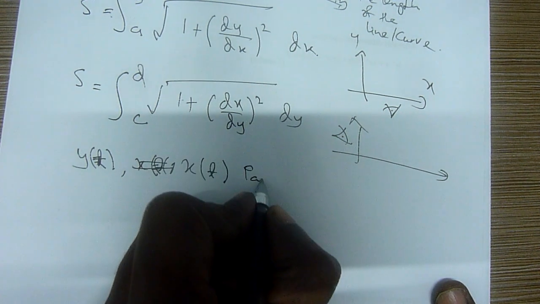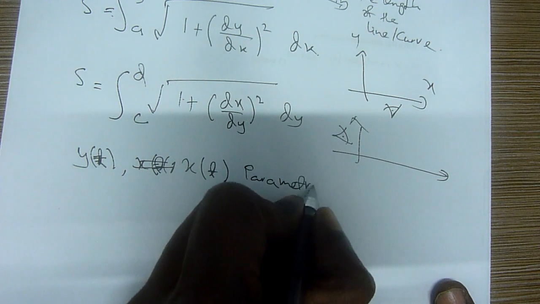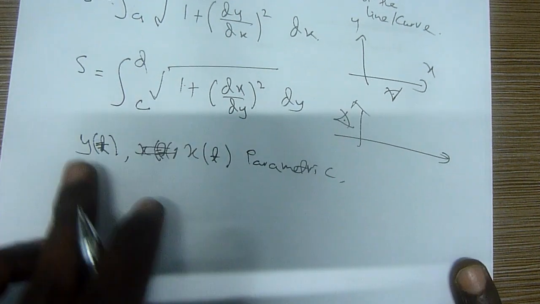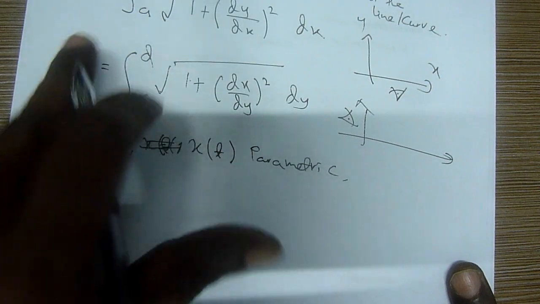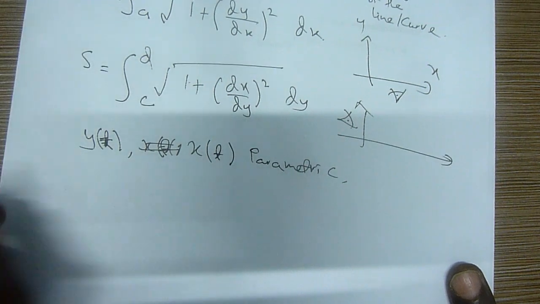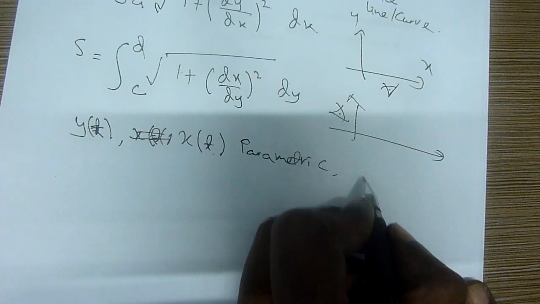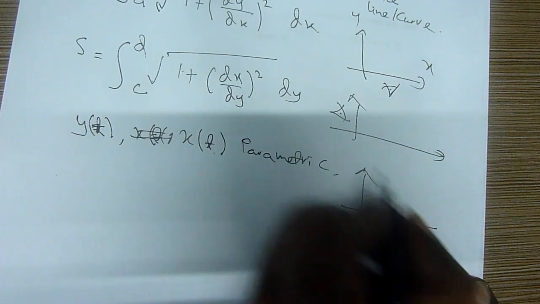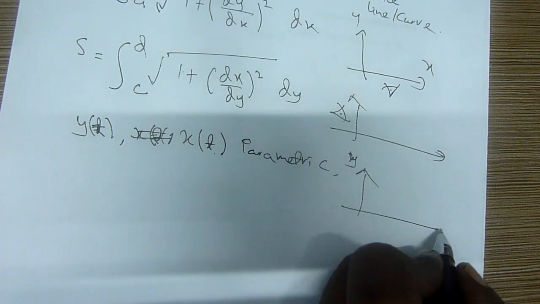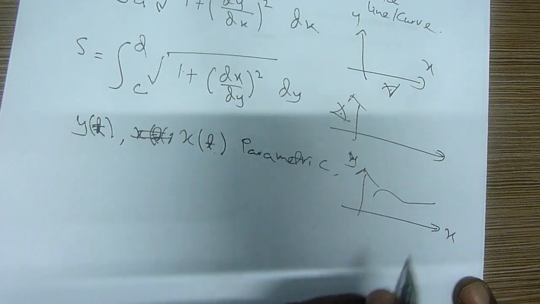Therefore, parametric. Okay, some of you may be very curious. Why are we changing? So far okay, but why suddenly are we changing to another parametric? Okay, sometimes we use not only x or y.